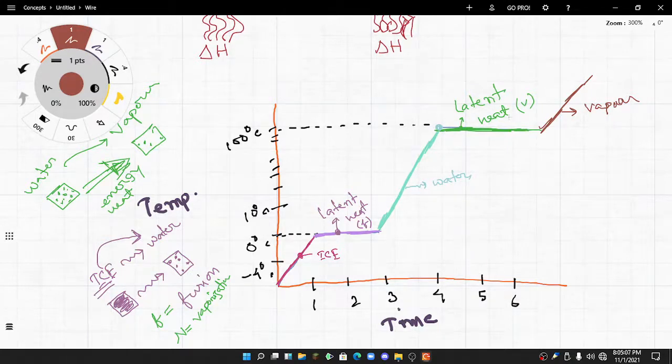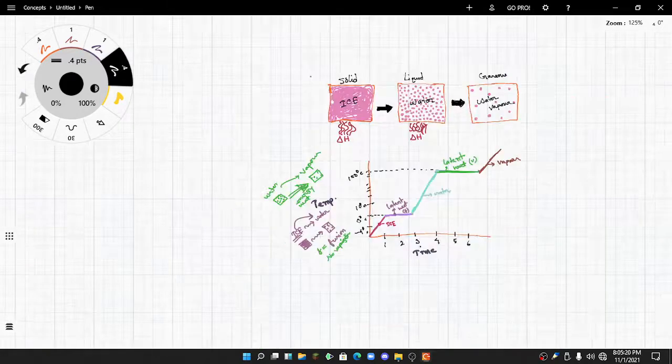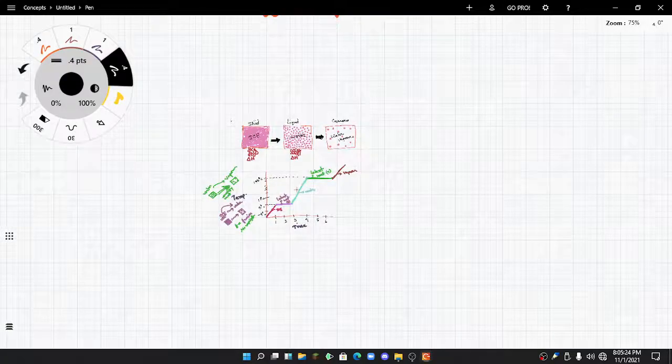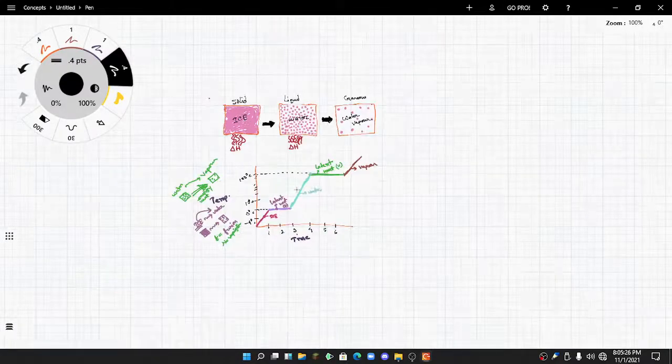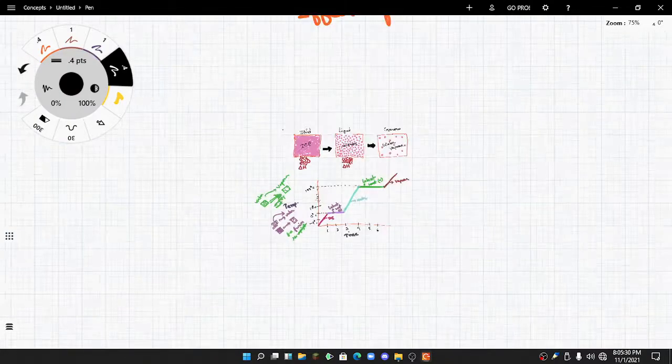So this is the state we are telling you about. That is why this graph will be easy for you to understand, the effect of heat on matter. So we'll move on to the next topic, shall we?